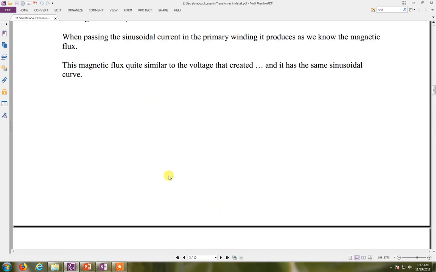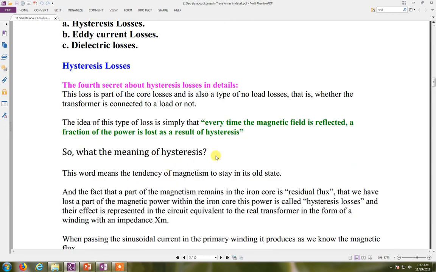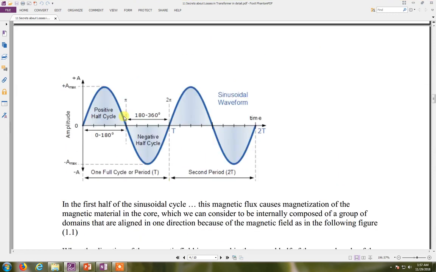But just a few minutes back, we learned the tendency of magnetism to retain its old state, which means the north and south polarity will stay as long as this positive cycle stays. When this is complete, and the current is coming here, at that time also the effect of this point, north and south, will stay in the fixed position.